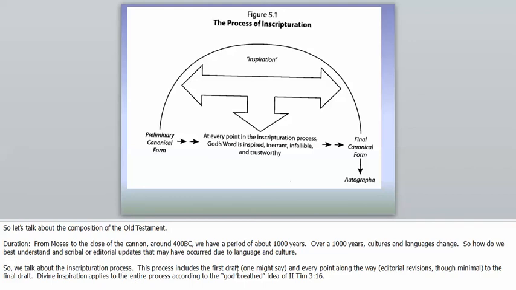So we start with the first draft, one might say, and at every point along the way, through small editorial revisions, though minimal, to the final draft, that's the final canonical form, we have divine inspiration that applies to the entire process. I think that has something to do with the God-breathed idea in 2 Timothy 3:16.